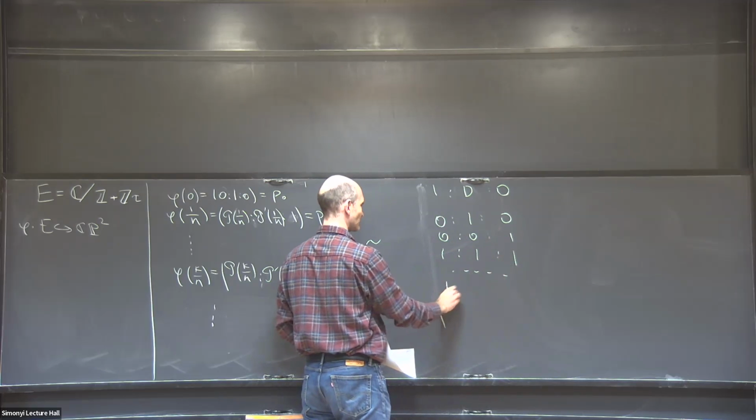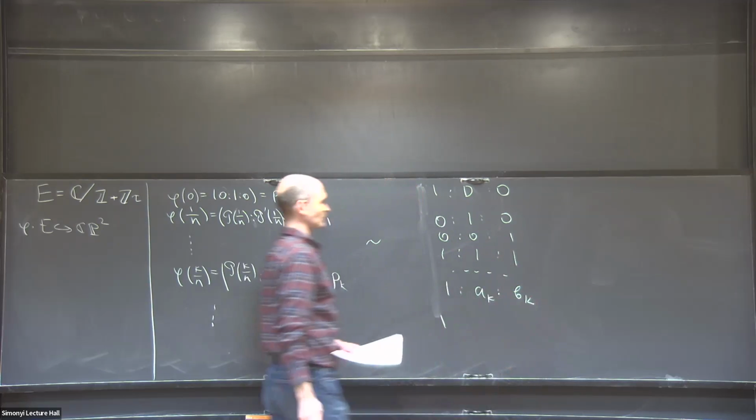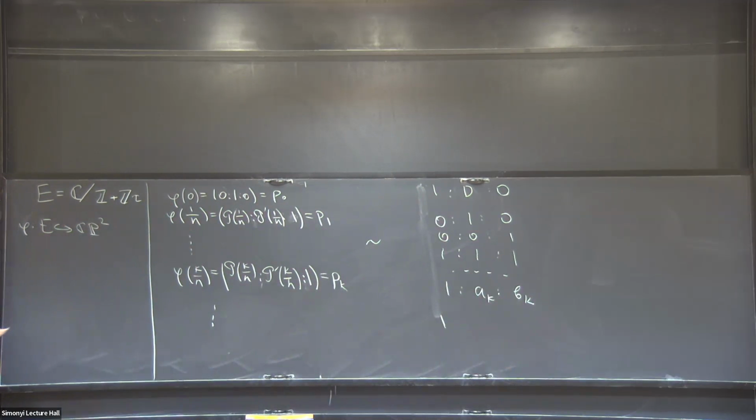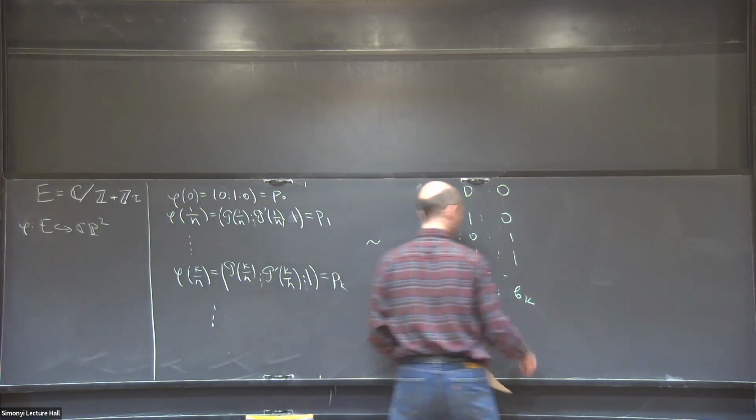And then the k-th point becomes 1, AK, BK. There's something special with the n minus 3 point, but whatever. And so you can think of this AK and BK now.